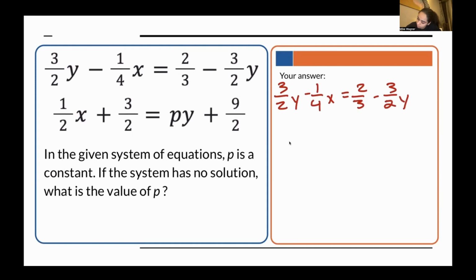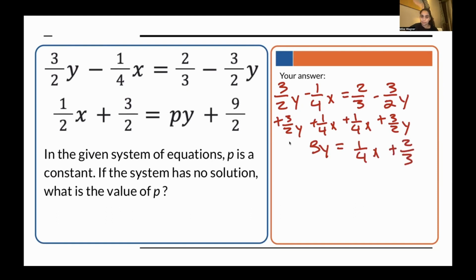If we rearrange it, we get plus 3 over 2y and plus 1 over 4x. Connie, this is just like the one you had asked about earlier, but a little bit more funky. So then we have 3 over 2y plus 3 over 2y is 6 over 2y, which is also 3y. So we have 3y equals 1 over 4x plus 2 over 3.